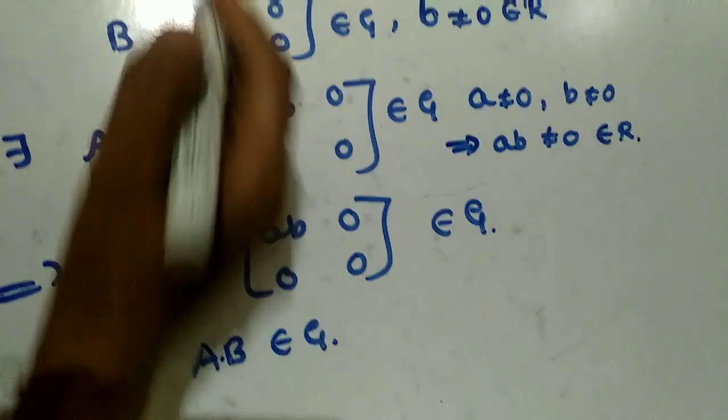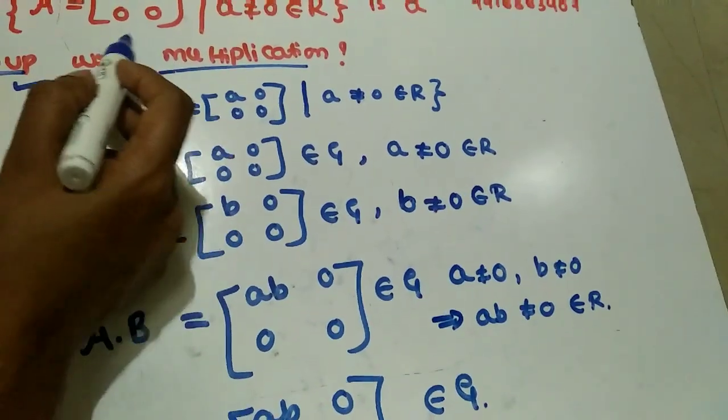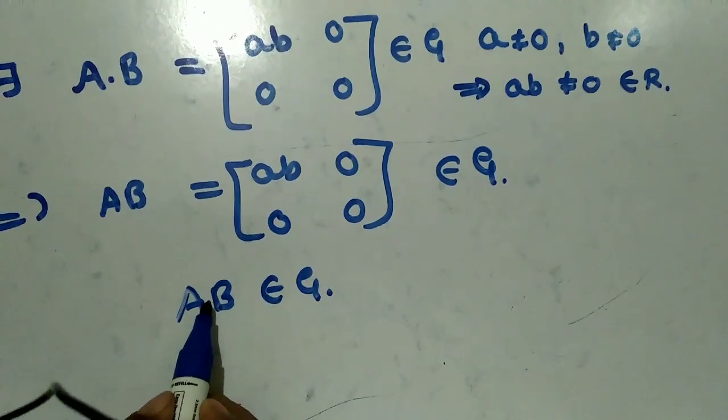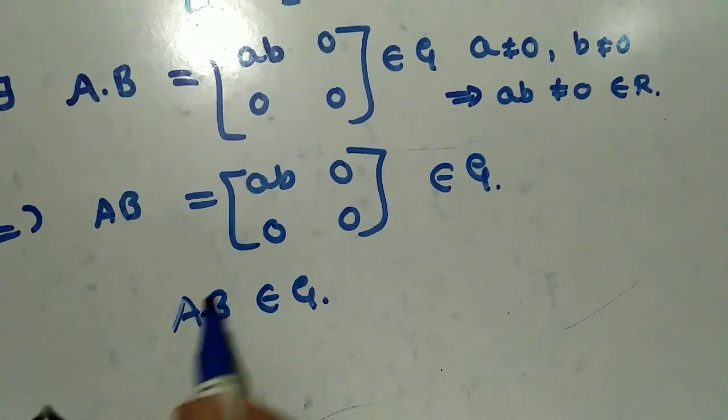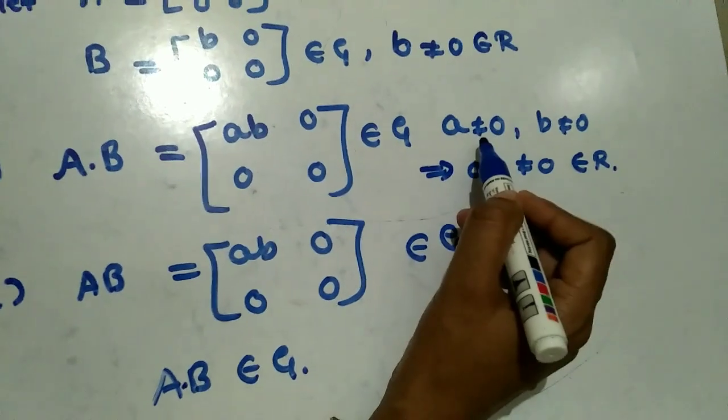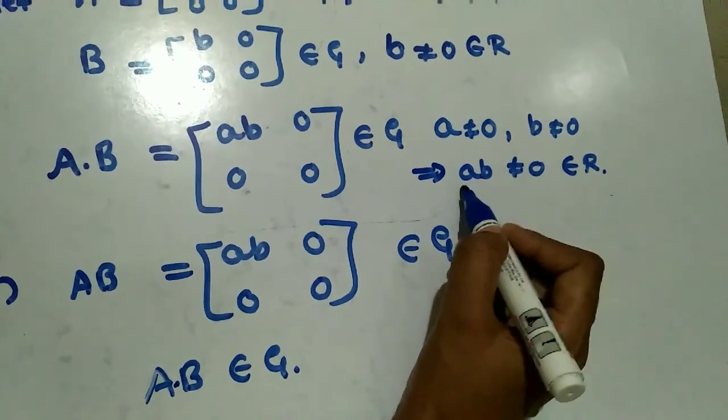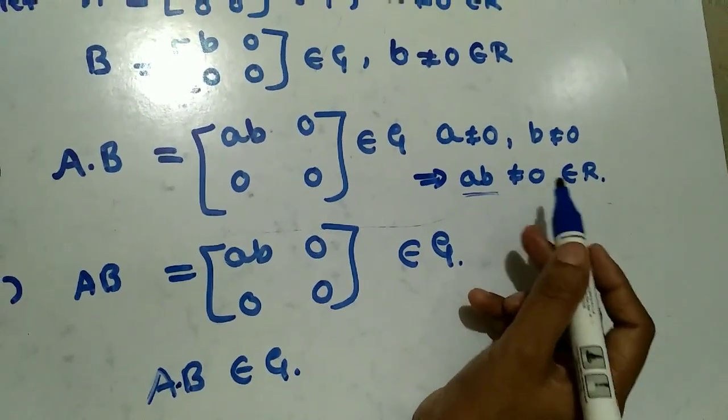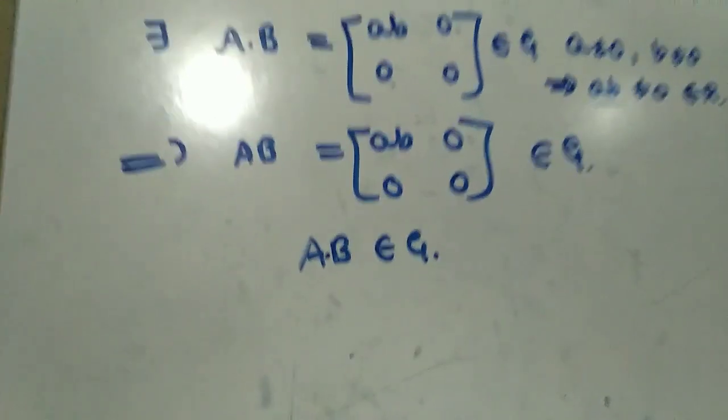Because here my binary operation is multiplication, since I am checking whether it is a group with respect to multiplication operation. So it is a product. Here A is not equal to 0, B is not equal to 0, then AB is automatically not equal to 0. So my closure law is satisfied.